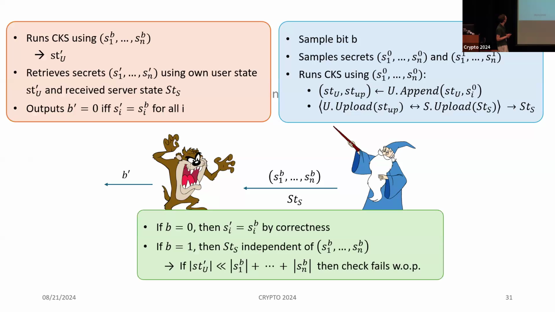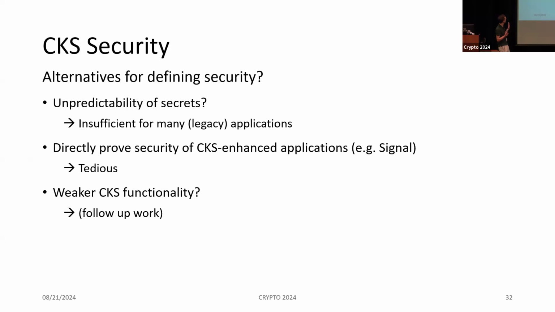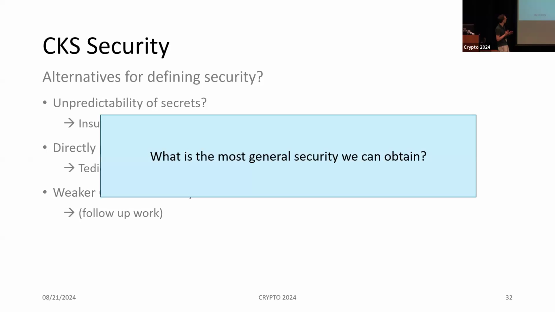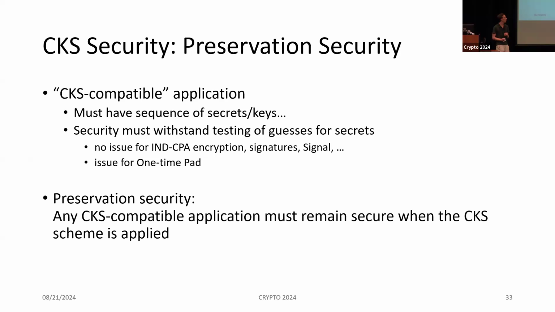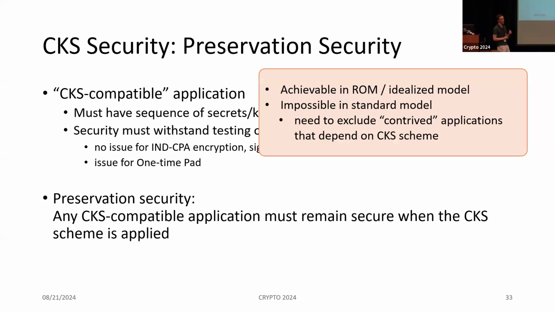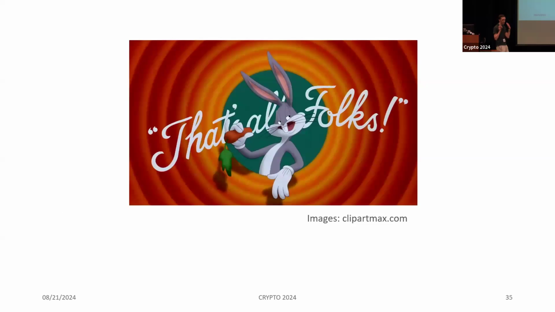There's an impossibility proof. There are a bunch of alternatives. They don't really work. We try to do the most general stuff. It's a really nice idea. Talk to me in the break if you want to learn more. I think this type of security scheme has applications beyond just backup. Okay, sorry for running over time.